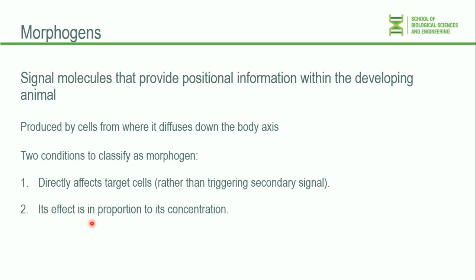It's not an all or nothing kind of signal. And this is actually a very important point because usually morphogens are produced by certain cells, and from these cells they diffuse down the body axis. Obviously, the concentration close to these cells that produce the morphogen is going to be higher, and then through diffusion, as we move away from these cells, the concentration will drop.